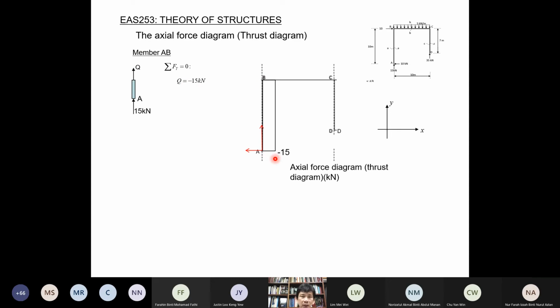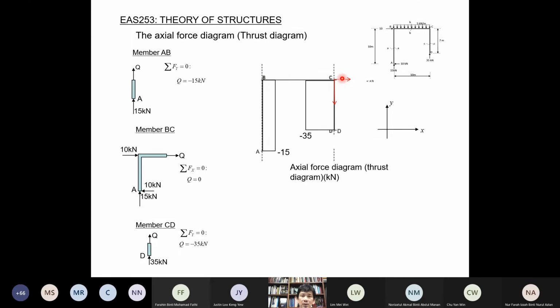Next, repeat for the next cut BB there. So when we cut BB, we get like this. So positive Q is like this. So now it's pointing in the X direction. So use the equilibrium equation of forces in the X direction. We get Q equal to 0, because this 10 cancels out, so Q becomes 0. So when you draw here, 0, nothing.